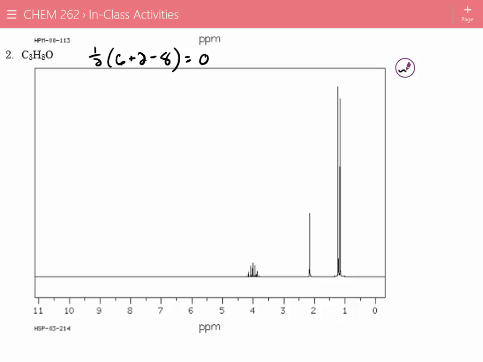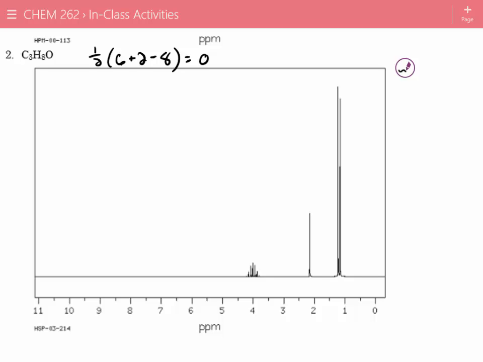So we know it's either going to be a pentet or a sextet. If it's a sextet, how many 3-bond neighbors should there be? Sextet is 7. No, that's 6. What's septet? Oh, septet. All right, so it's 6. So it has 6 3-bond neighbors potentially.